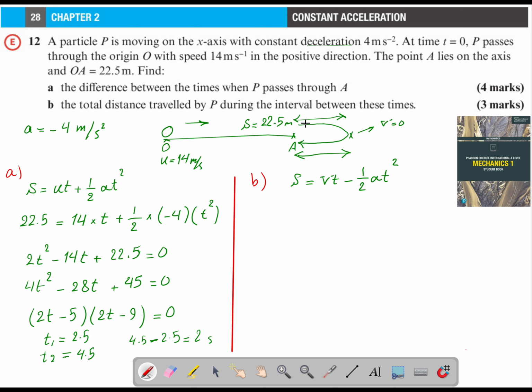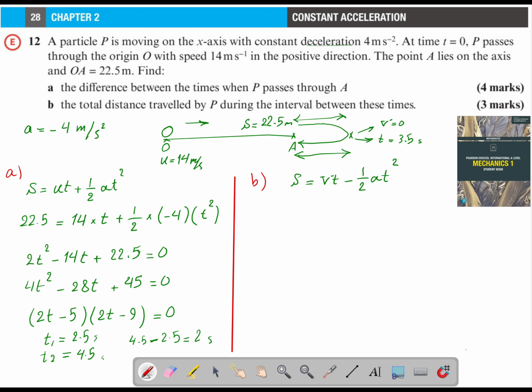It means that from 2.5 seconds to this point, we have 1 more second. It means that time here will be 3.5 seconds. Again, after 1 second, we reach A, 4.5 seconds.